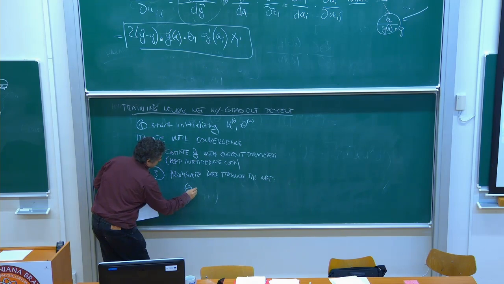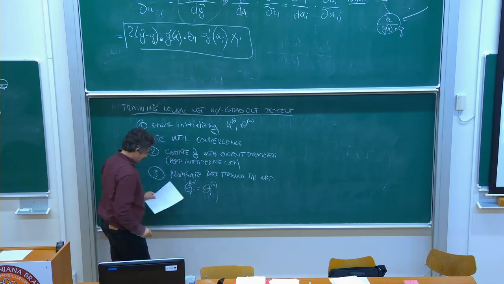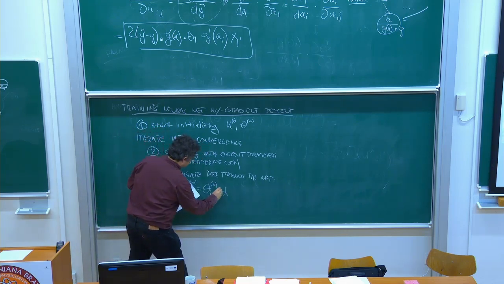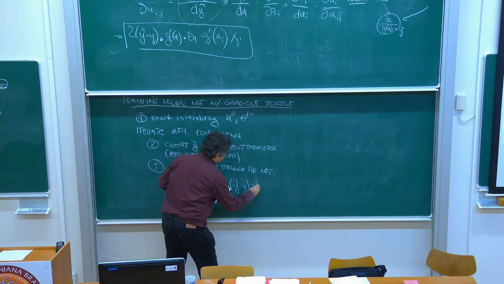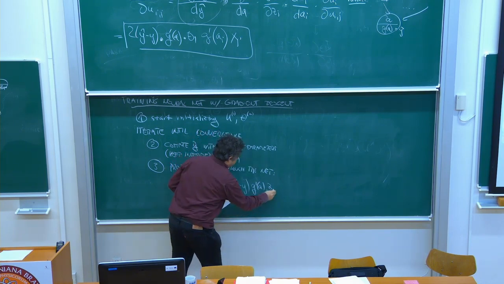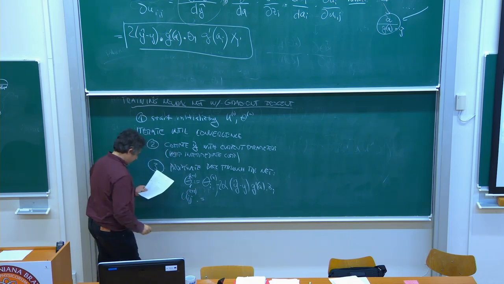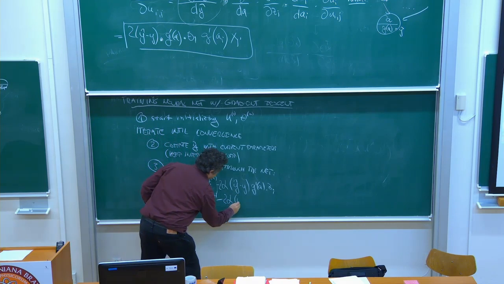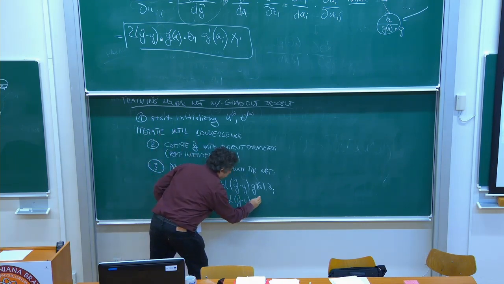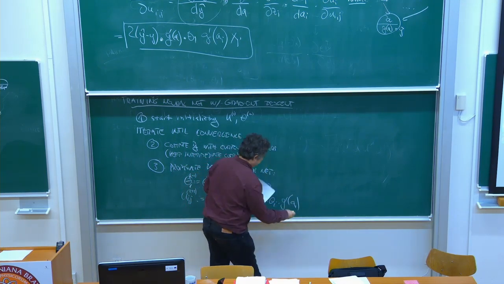Basically, you update the thetas as follows: theta k+1 equals theta k minus 2 times alpha times (y hat minus y) times g derivative of a times z_i. And u_ij you can update with the previous u_ij and add minus 2 alpha times (y hat minus y) times g derivative of a times theta_i times g derivative of a_i times x_j.